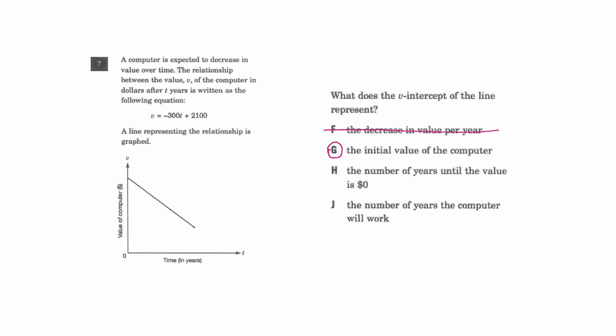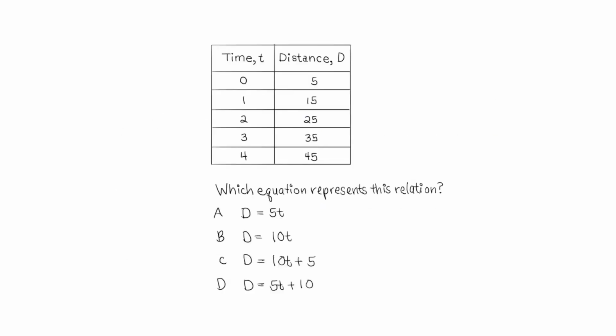It's not the number of years until the value is 0, that's wrong. The V-intercept is over here, so that's when time is 0. And then the number of years the computer would work, this graph is nothing about that at all, so it has to be G.